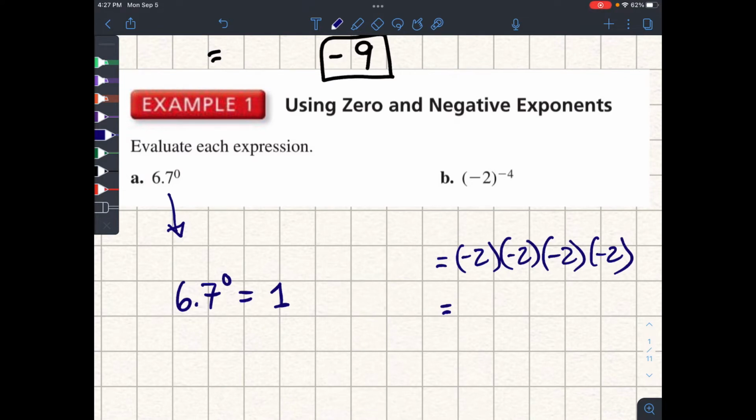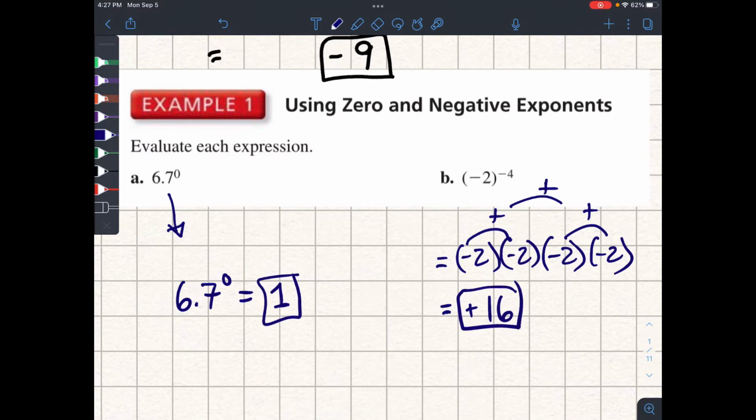Okay, so 2 times 2 times 2 times 2 is 16, because 2 times 2 is 4, times 2 is 8, times 2 is 16. And if we watch then the negative signs, a negative times a negative, that's a positive. This is a positive. And then these two together make a positive. So my answer is positive 16. And my first example is positive 1.